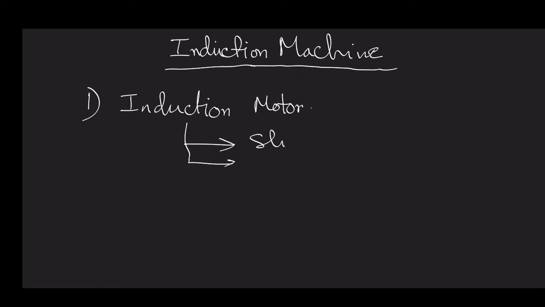One is slip ring induction motor, another one is squirrel cage induction motor. So, what is the difference between slip ring and squirrel cage? Let me show you the structure of rotor that will make you understand. Just a minute.